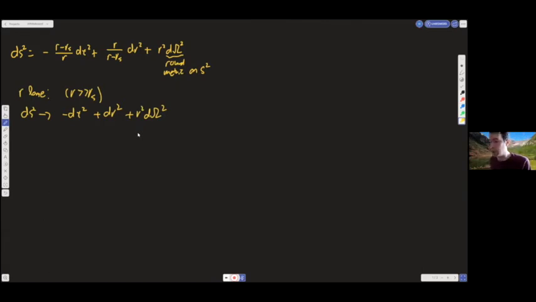If you study the motions of test particles in this geometry, you learn that this parameter rs should be interpreted as 2 times G times M, where M is the mass.